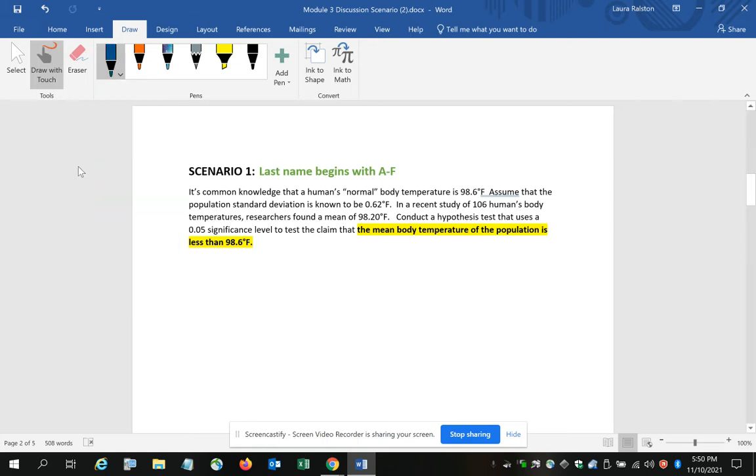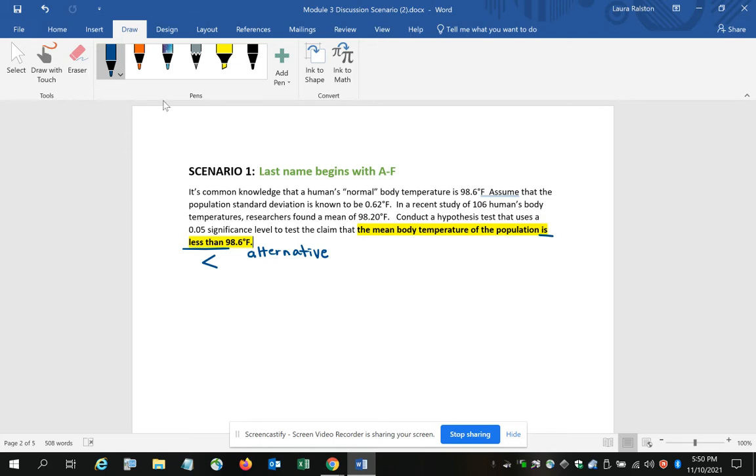If I look at that phrase, is less than, I hope you think of the mathematical symbol that represents less than. And less than does not contain equal. Therefore, this statement that I have highlighted in yellow is your alternative hypothesis.